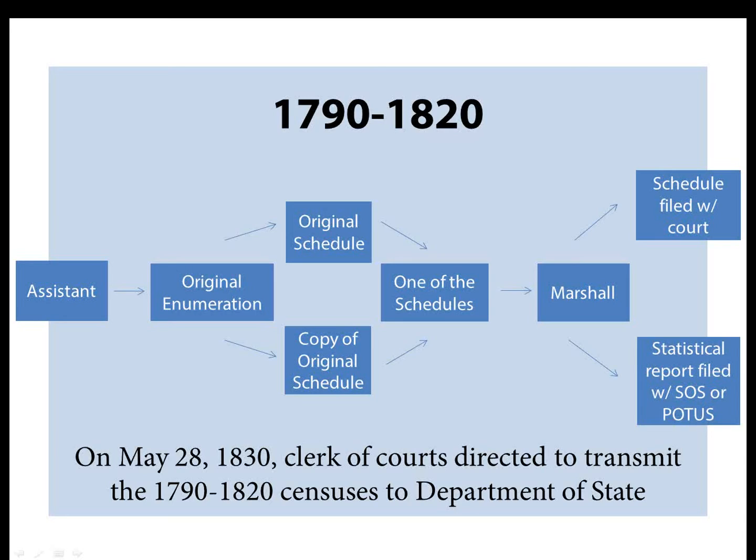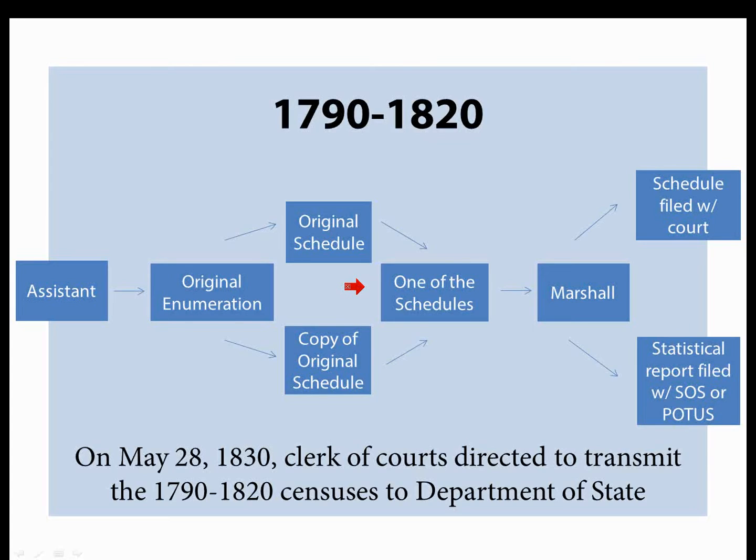Once that was approved, one of the schedules was then sent to the marshal. Now we don't know which schedule was sent to the marshal. There's no way to indicate that. There are several details you can look at in a particular record to see whether or not it was a copy, but in most cases we cannot tell.